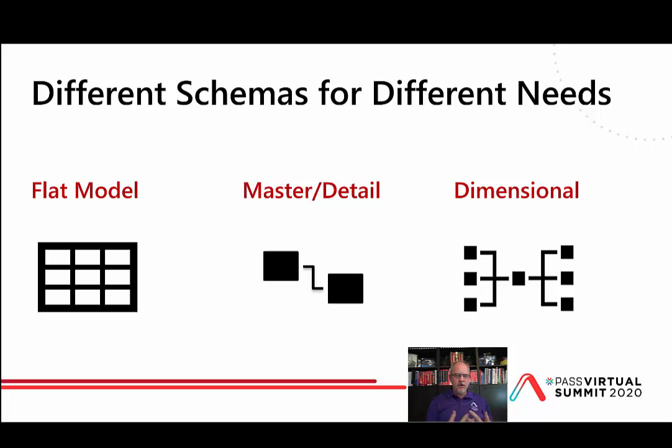You bring all that together, you merge it together into one big giant table or spreadsheet, and that's what we would refer to as a flat model. And that's simple in many ways, but it's not always real flexible in different ways. And so that's option number one.